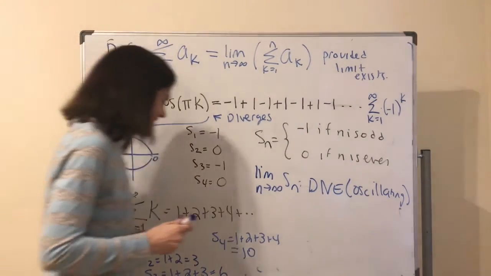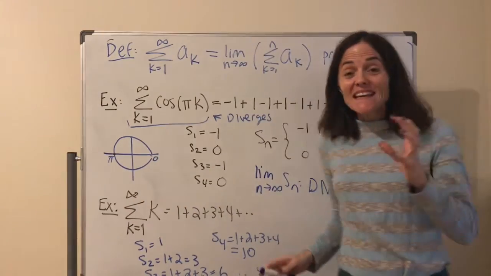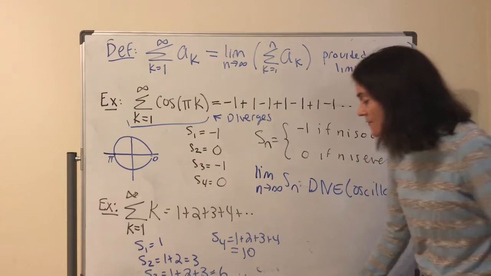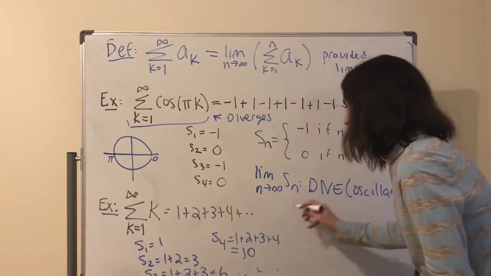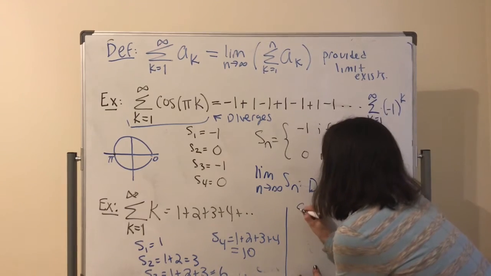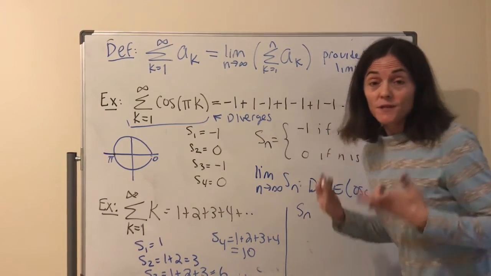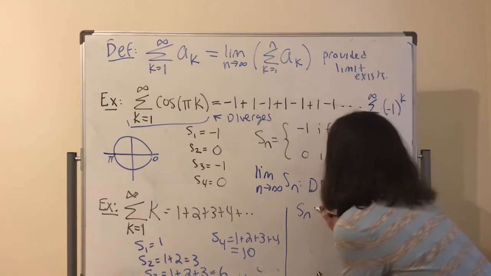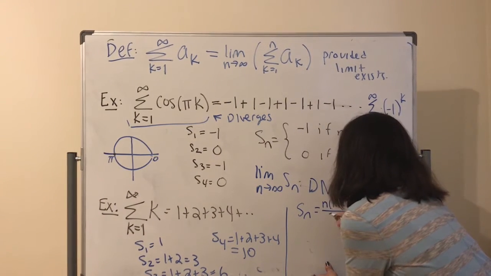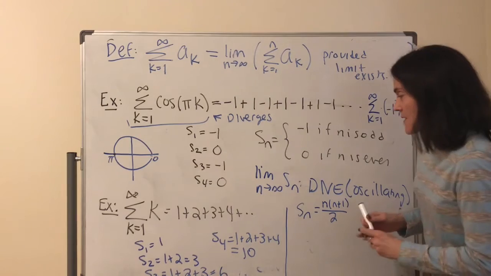Now, you see this looks like it's just growing forever, but there's a formula which I will not prove. There's a formula for the sum of the first n integers. It is n times n plus 1 over 2.